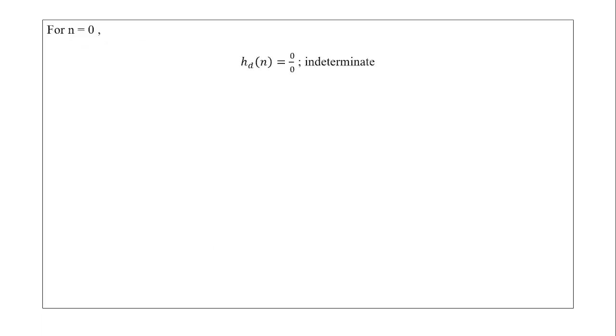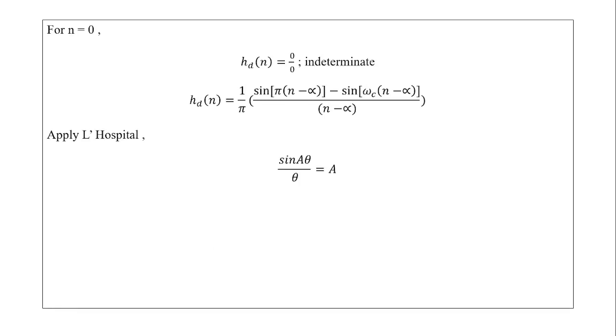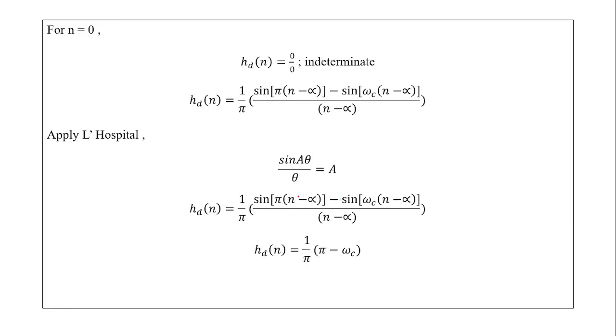For n equal to alpha, 0 by 0 becomes an indeterminate case, so I am going to apply L'Hospital's rule. Sin a theta divided by theta equals a. So the value is going to be 1 by pi into (pi minus omega c).